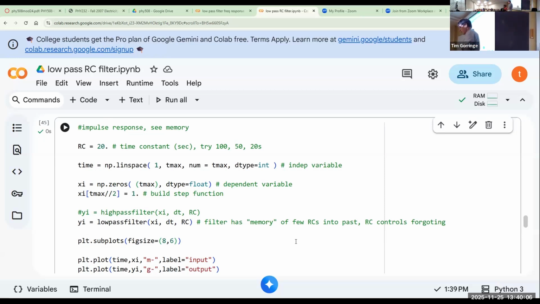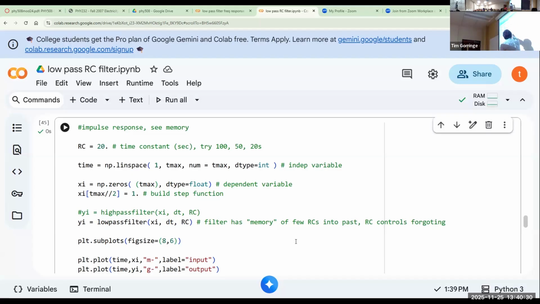And then you look at the output response of the filter. If you apply an impulse, you very directly see the memory of the filter. It will show you a profile of the memory of the filter and how that memory decays away with time.